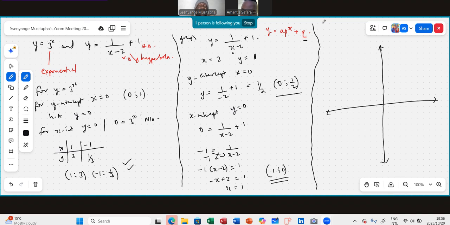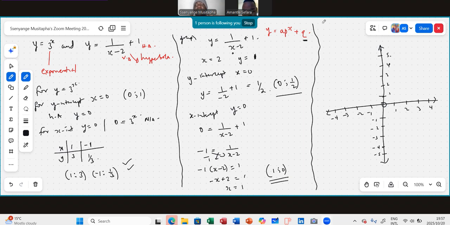So I can say this is 0, 1, 2, maybe 3 and 4. This is 1, 2, 3 and 4, and negative 1, negative 2, negative 3, negative 4, negative 5. Then you can say it's positive 1, positive 2, positive 3, positive 4.